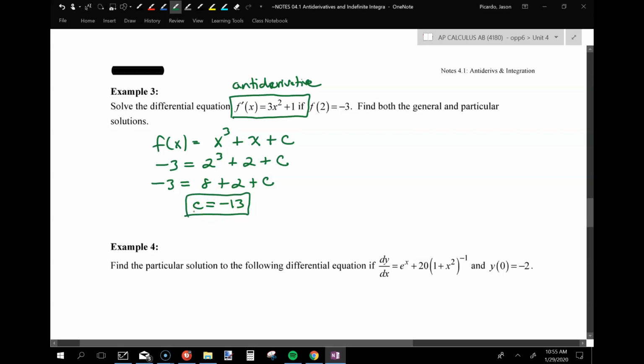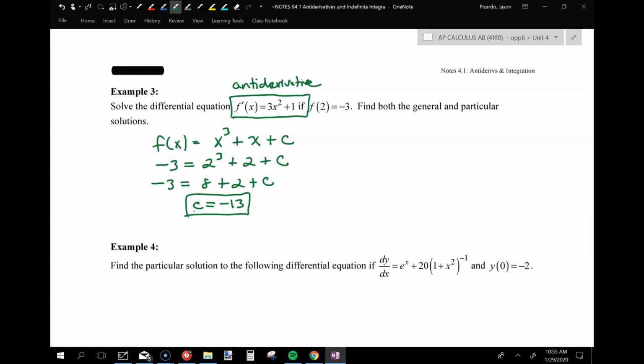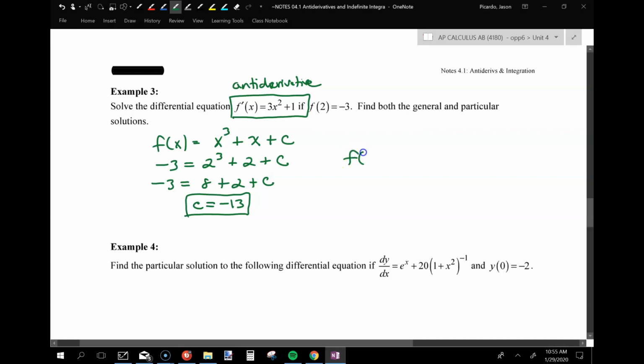Which means we know the exact equation that gave us those two facts. So the original function is x cubed plus x minus 13. Now, of course, guys, if you don't have this piece of information, you have infinite number of solutions.